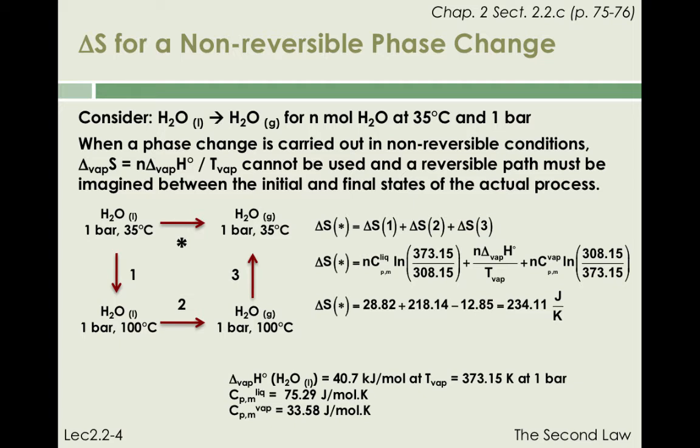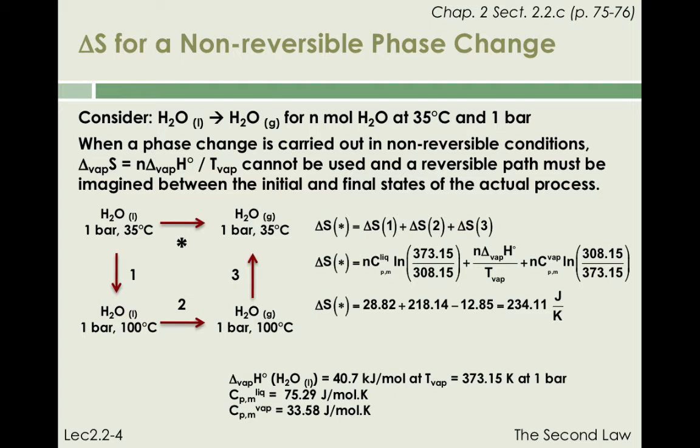Please note first that this value differs from the value calculated at 100 degrees Celsius. Second, note that delta S for step 1 is positive because step 1 is the heating of water liquid, while delta S of step 3 is negative because step 3 is a cooling of water vapor.